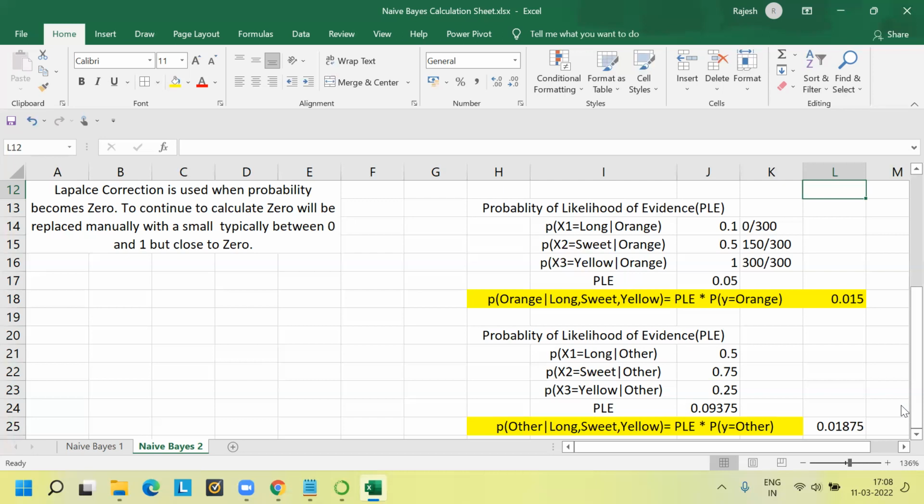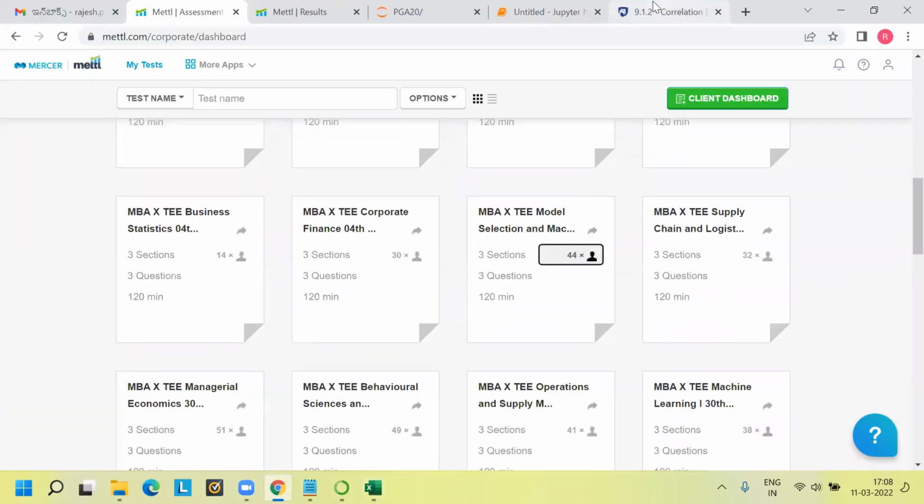All right. Now all of you go to SQL and Python. Naive Bayes.